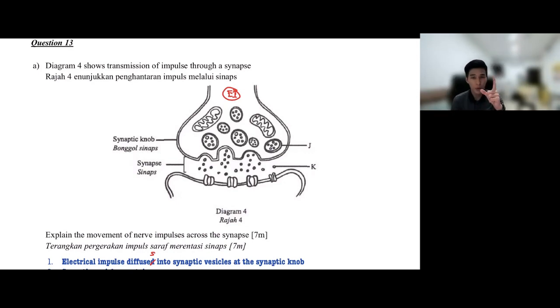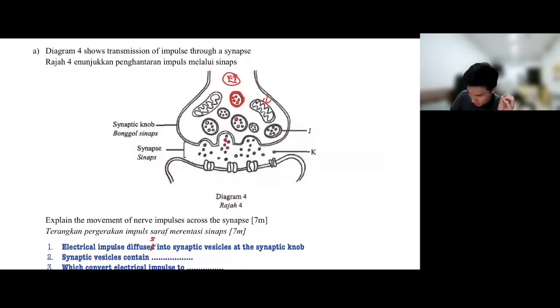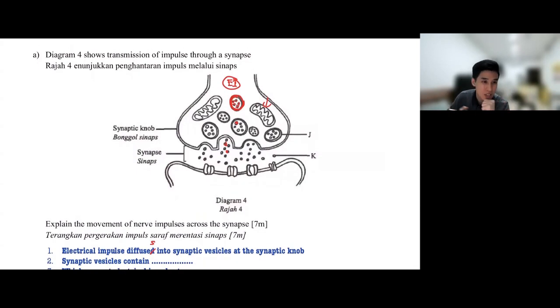Okay, next. What's inside the synaptic vesicle? Inside the synaptic vesicle contains the very important thing. Yes, your neurotransmitter. That's the main thing. So talk about it, you get 1 mark. Synaptic vesicle contains neurotransmitter. Neurotransmitter is the one that transmits your nerve impulse.